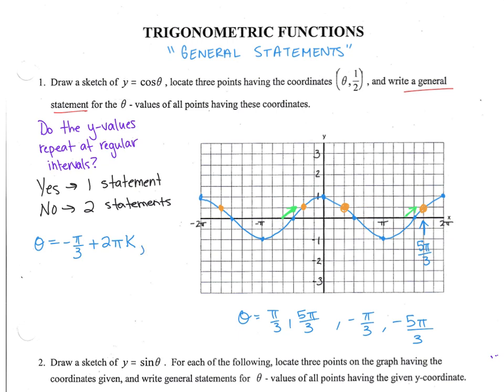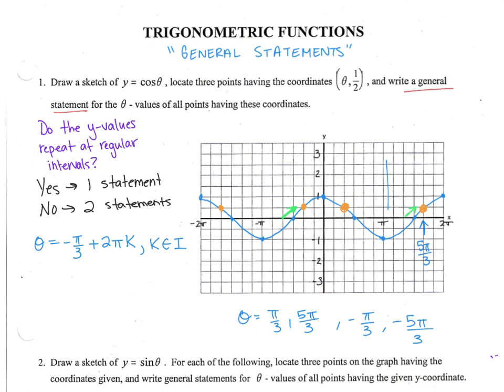So we need to make sure that k is an element of integers. K has to be an integer because I need it to be a full rotation. If k was 0.5, well, that only gets me to 3 pi, and we can look at our graph and notice there is no y value of 1/2 at that value. Okay, so that's our notation for being able to write our general statement.